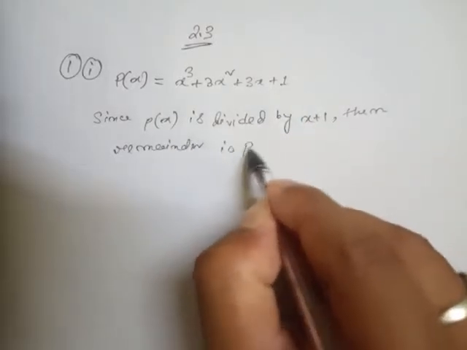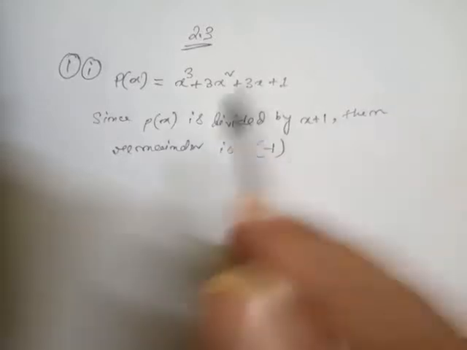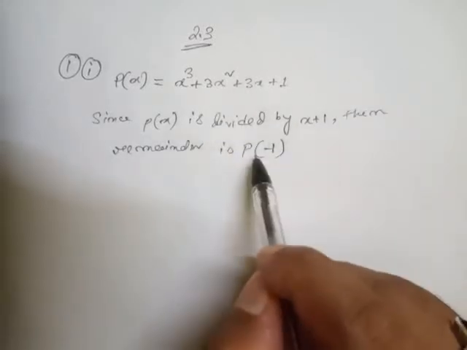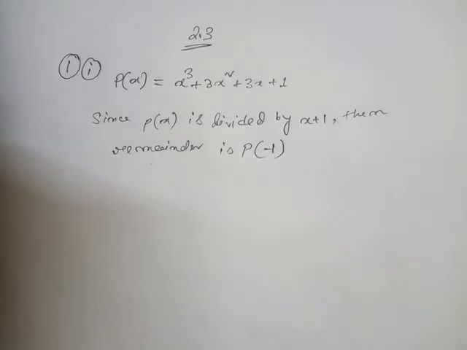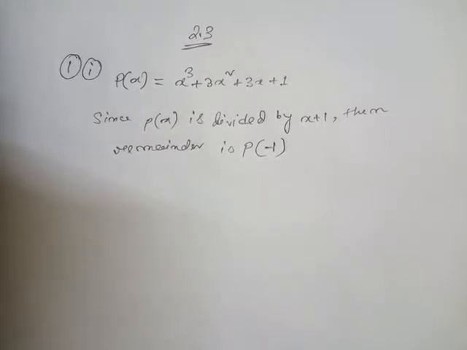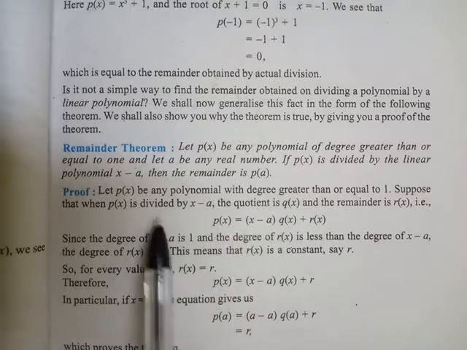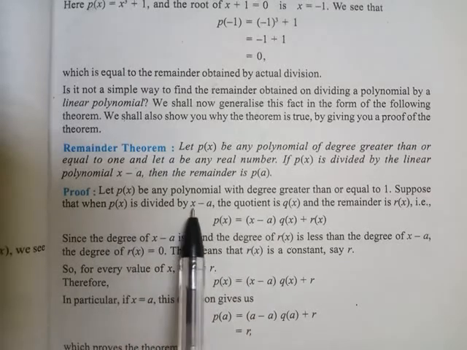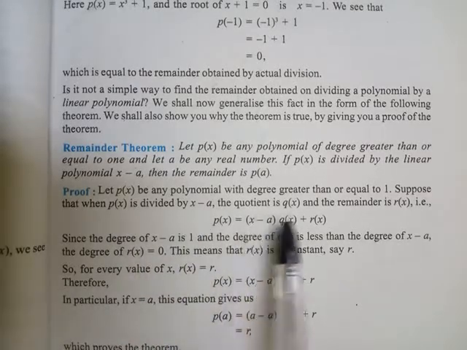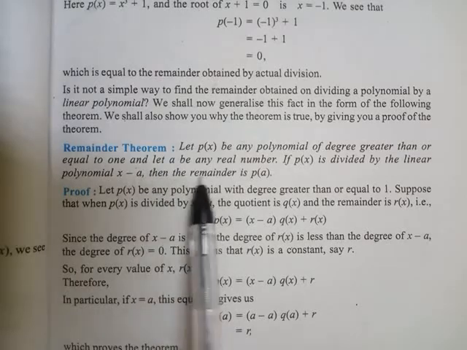is P(minus 1). Look here student, there is x plus 1, I have written here P(minus 1). Why? Now I am just going to show you the remainder theorem, which I have just explained. Now we'll give you the example. Look here student, P(x) is divided by x minus a, and then the remainder is P(a).